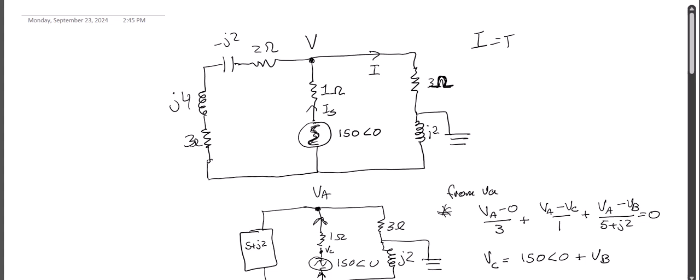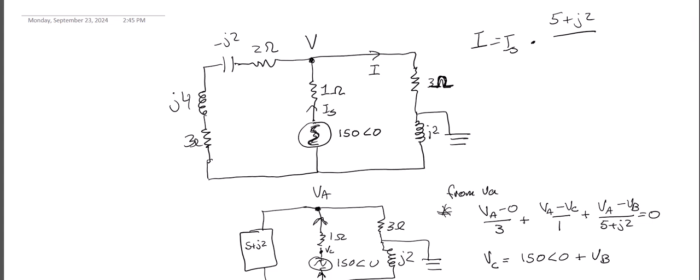I equals IS times the other impedance, which was 5 plus j2, over the sum of all of the impedances, which would be 8 plus j4. And then you just have to figure out what that is.